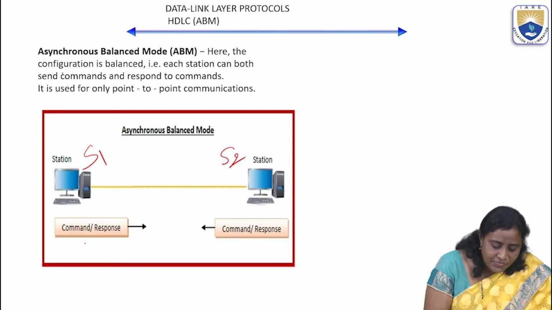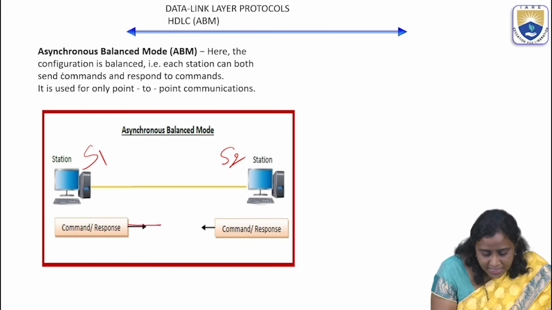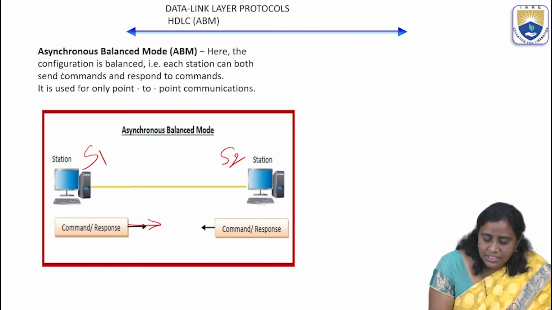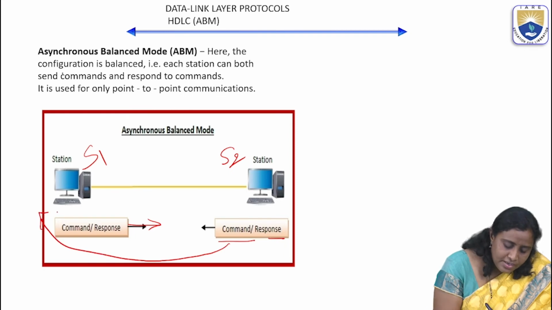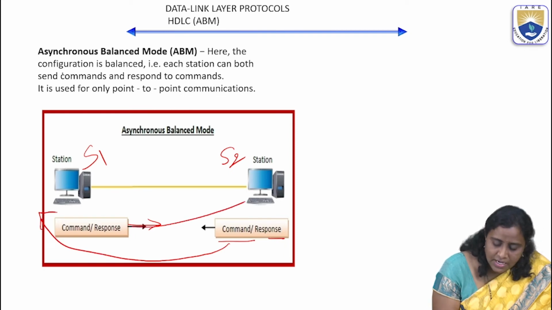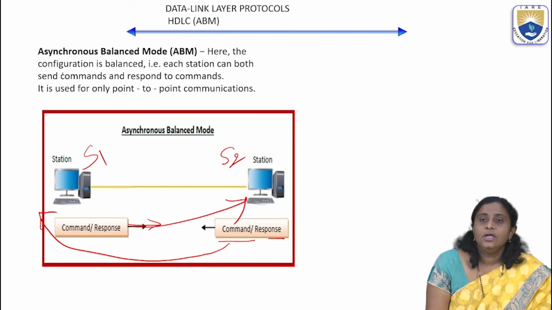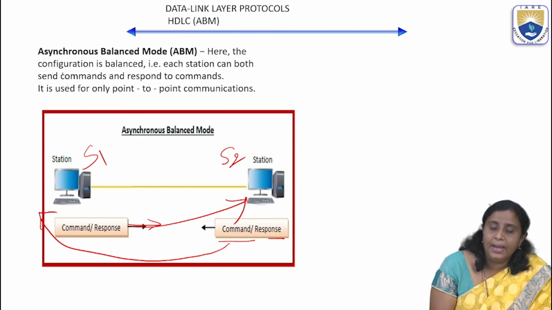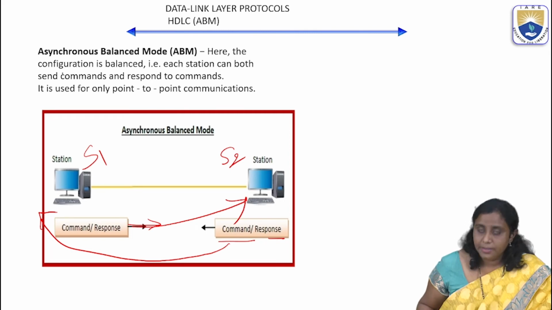Station 1 can send the command and response on one side, and station 2 receives that command and response and resends its command and response to station 1. It is used only for point-to-point communication. The same type of command and response is parallelly acknowledged or shared from one station to another under the asynchronous balanced mode.